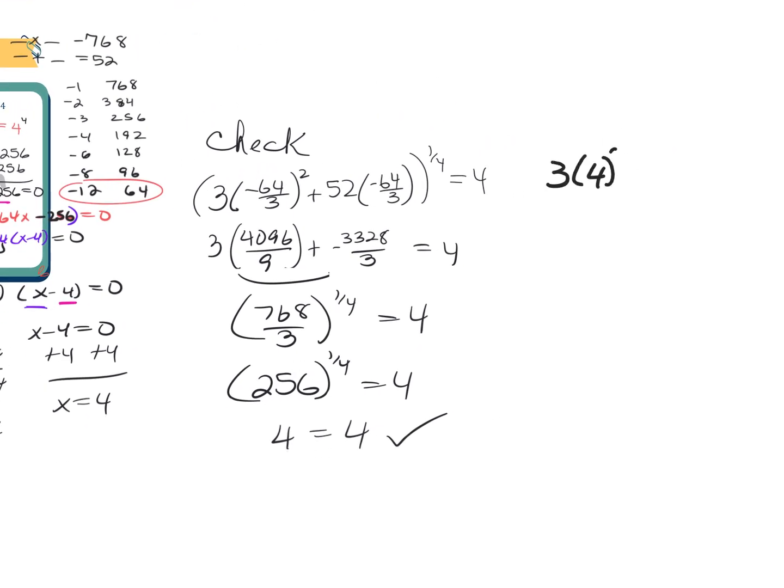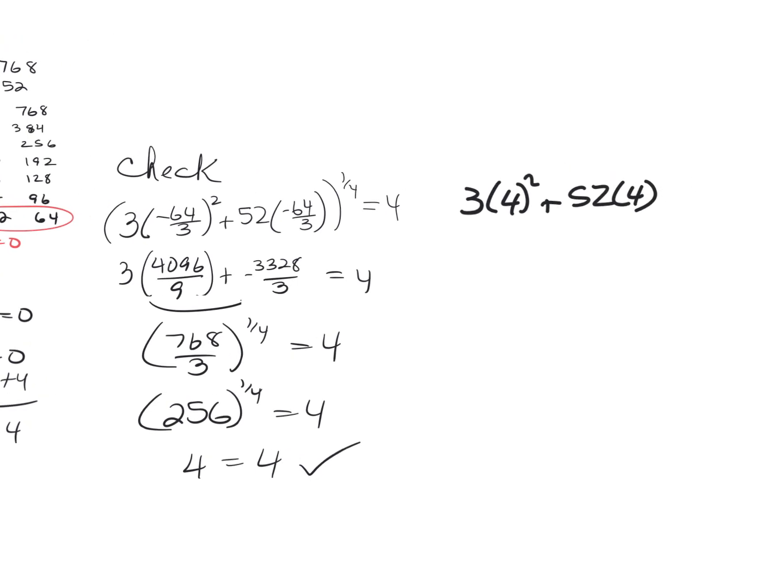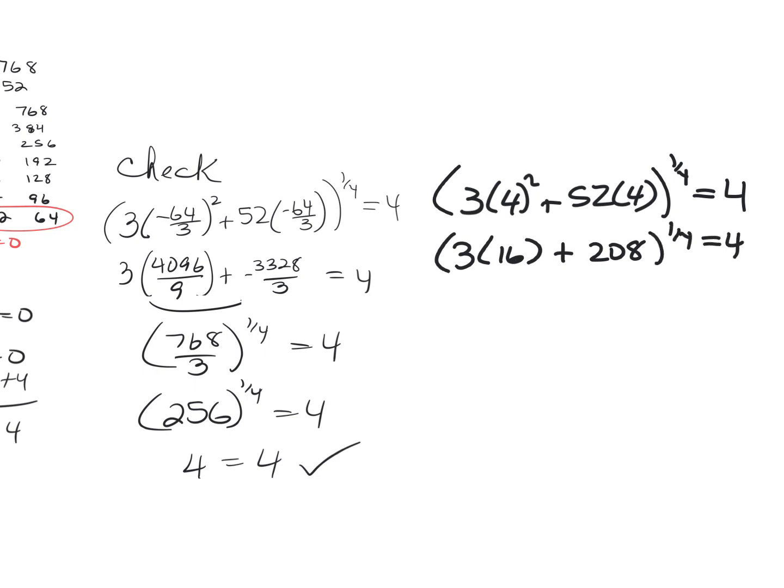3 times 4 squared, 52 times 4. All of this is raised to the 1/4 power. 3 times 16. And then if I multiply this, I get 208. And then when I combine this, I get 256.